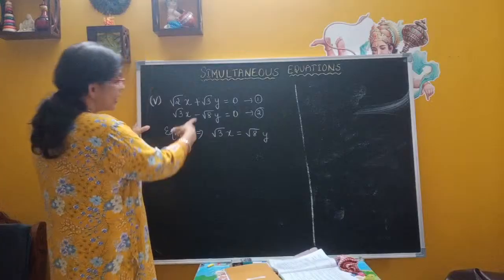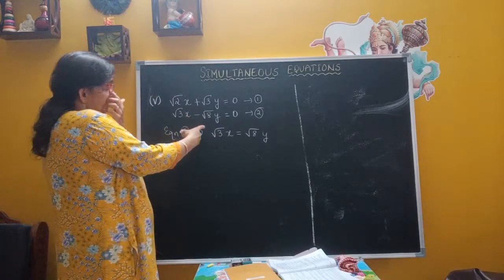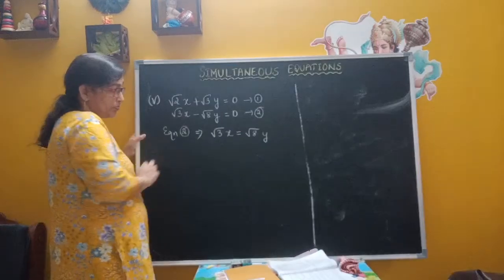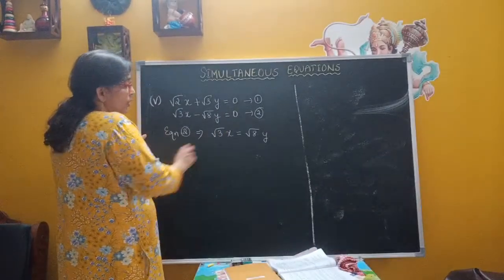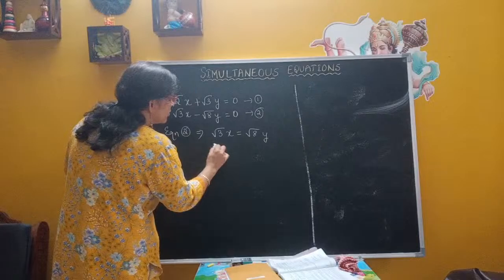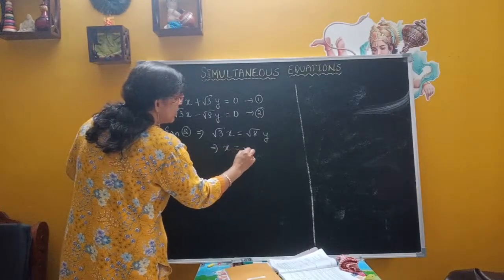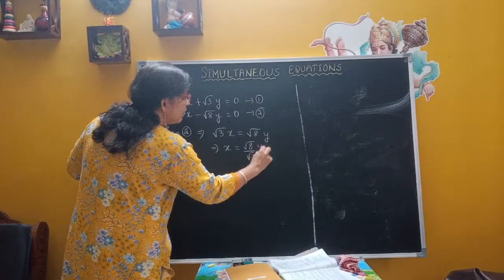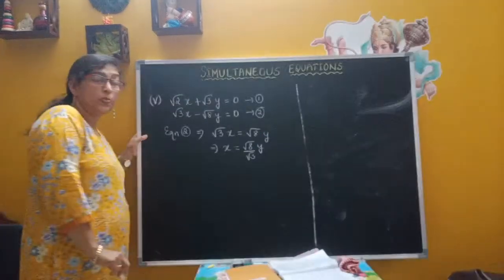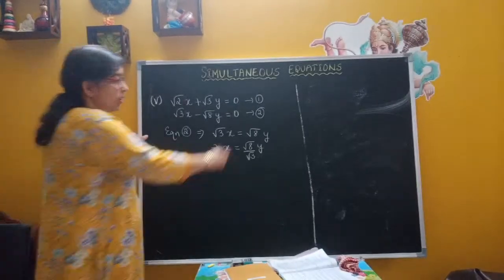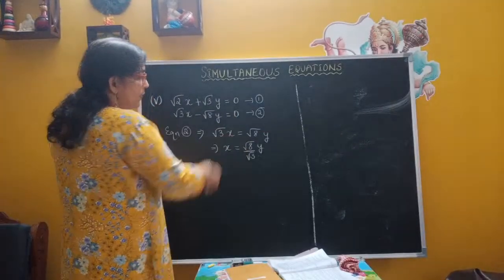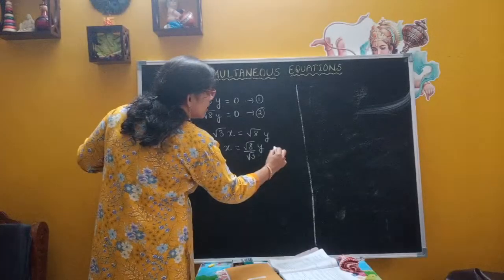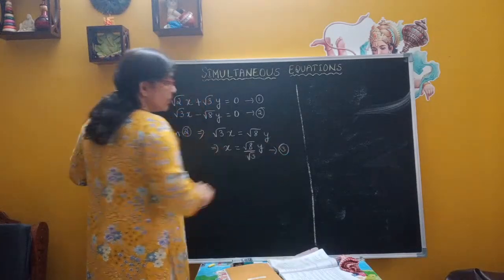I have just transposed this minus root 8y to the RHS, so minus root 8y becomes plus root 8y. Now x is equal to root 8 by root 3, y. Okay, y should be in the numerator only. Root 8y it is. So x is equal to root 8 by root 3 y. Now this is equation 3.